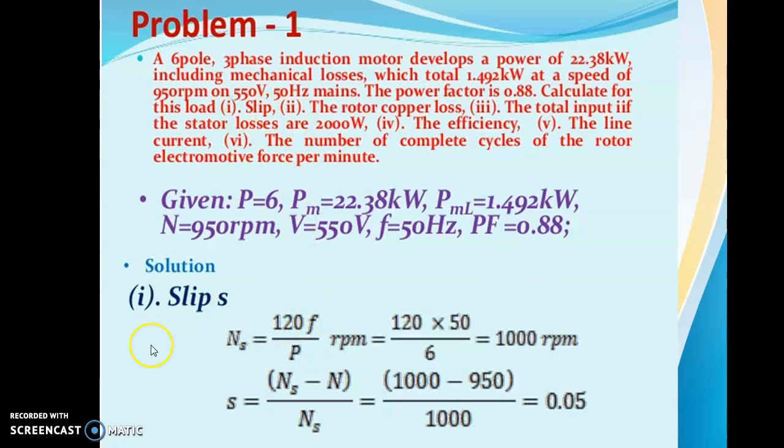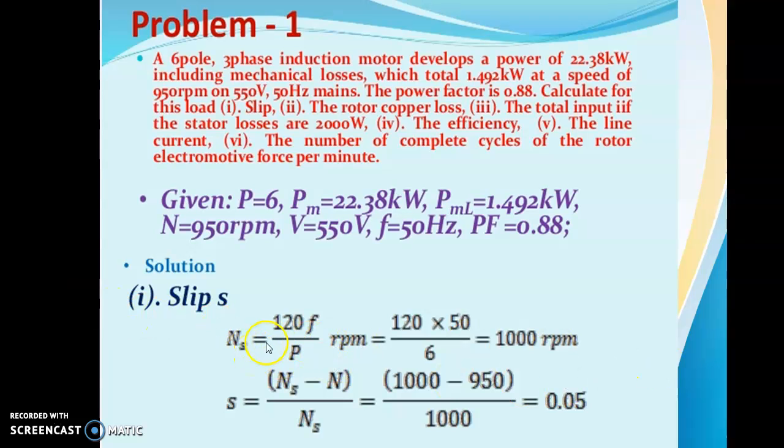The first bit is to calculate the slip of the induction motor, and we know the formula for the slip is Ns minus N divided by Ns. N is given in the question itself, but Ns is not given. So step number 1 is to calculate Ns, the synchronous speed of the machine.